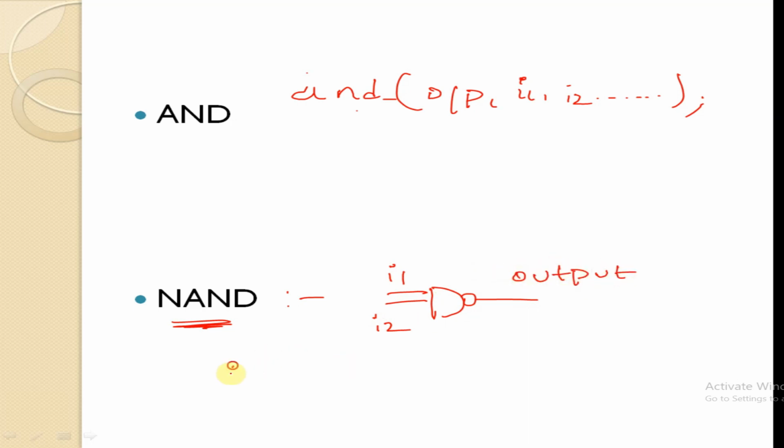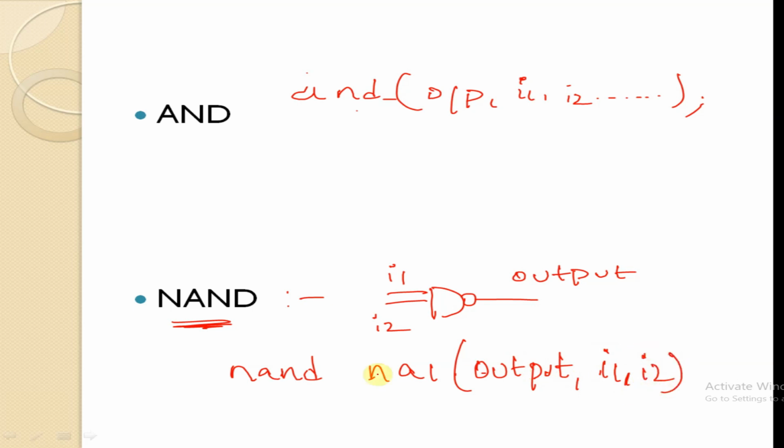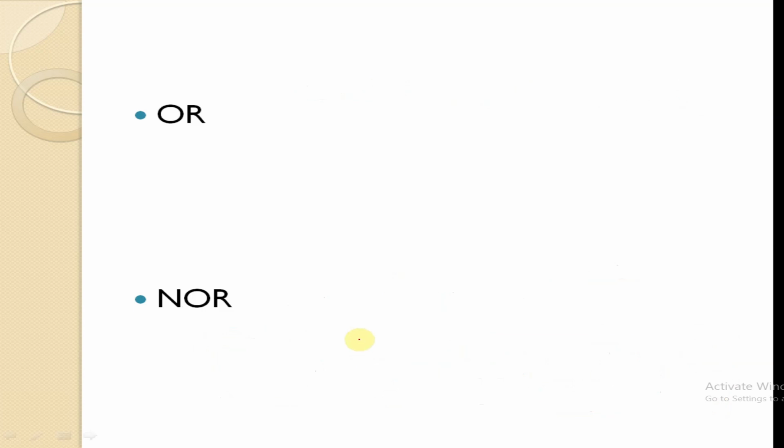So for using the NAND gate primitive, we will write the keyword NAND followed by instance name followed by output, followed by I1 comma I2. Then a NAND gate will be synthesized. And for the OR gate, the symbol is this, and again I am taking I1, I2, and out.